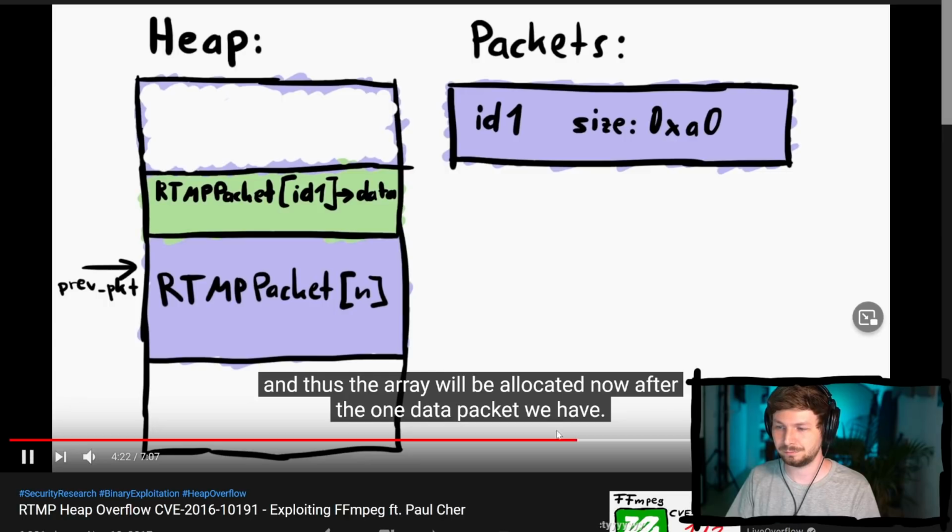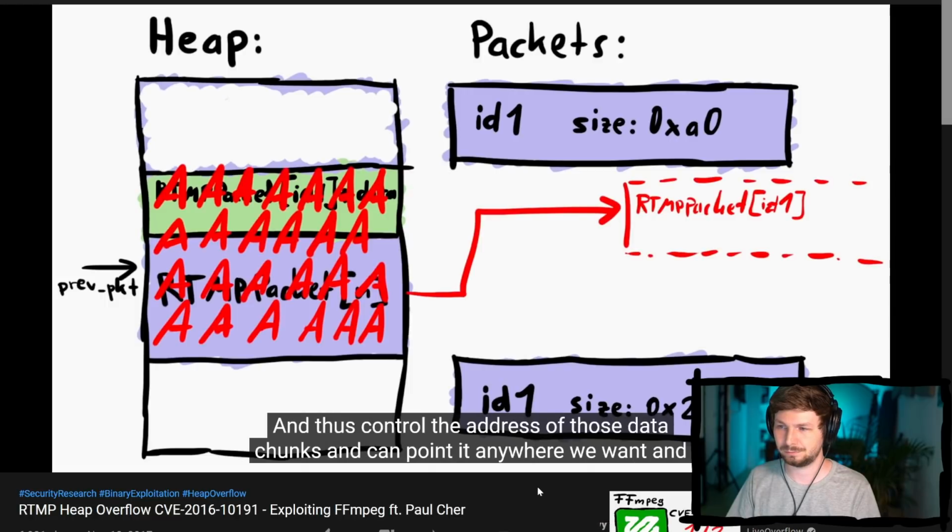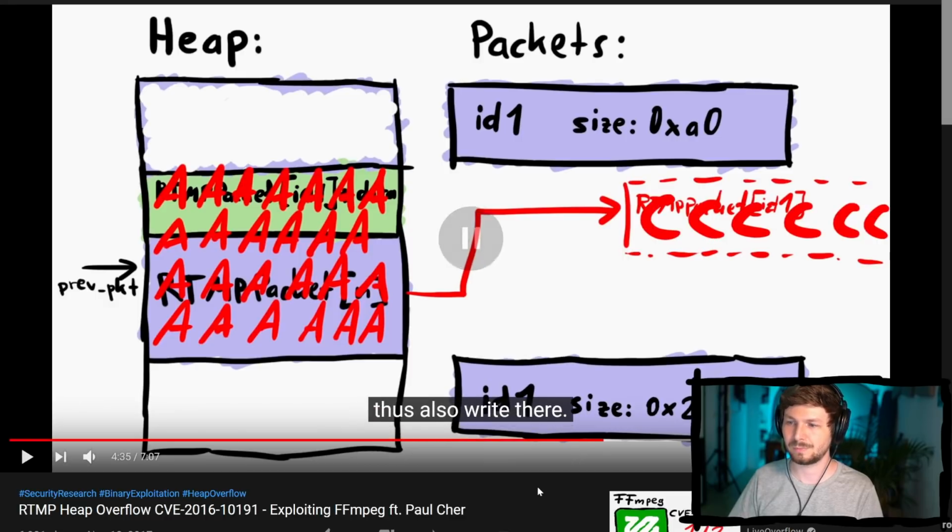And then we send again a packet with this channel ID to overflow into this array, and thus control the address of those data chunks and can point it anywhere we want. So here we overwrote this array with data, and we could control the address, and the next time we send a packet with the same ID, it will check, oh, what is the address of this data chunk, so that I can write data, but now it points somewhere else, and we can overwrite something else.